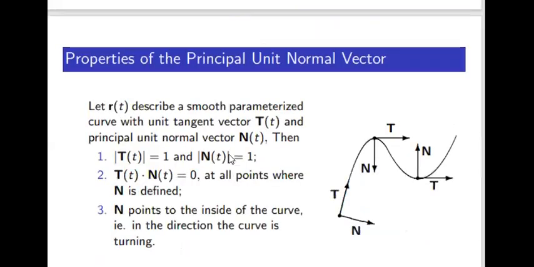The unit tangent vector is always in the direction of the tangent, and the newly defined principal unit normal vector is perpendicular to this unit tangent vector, and it points to the inside of the curve.